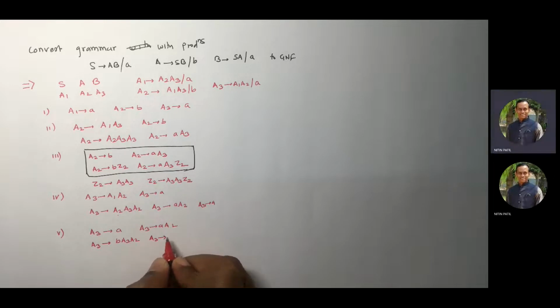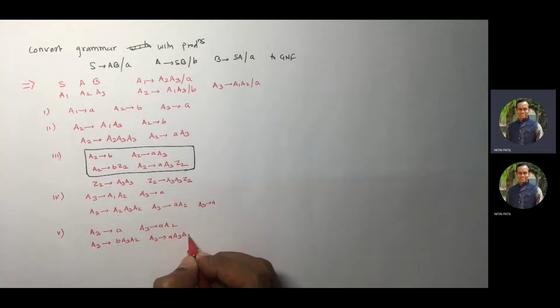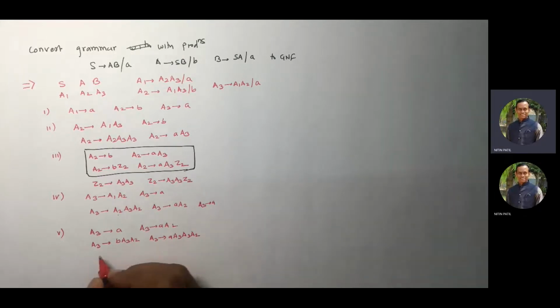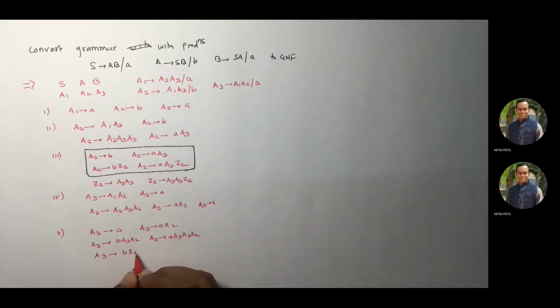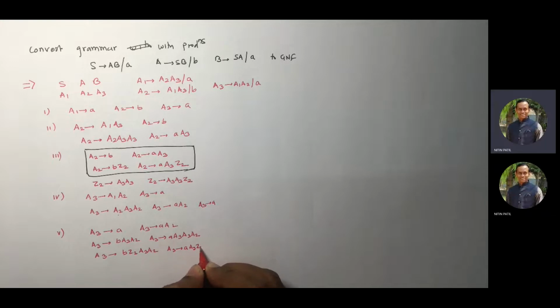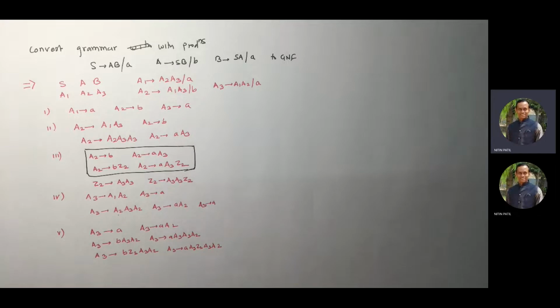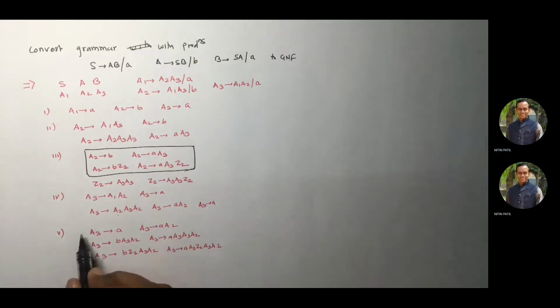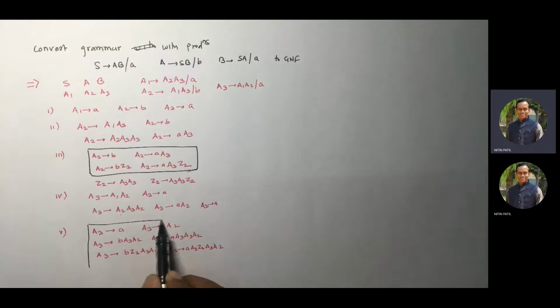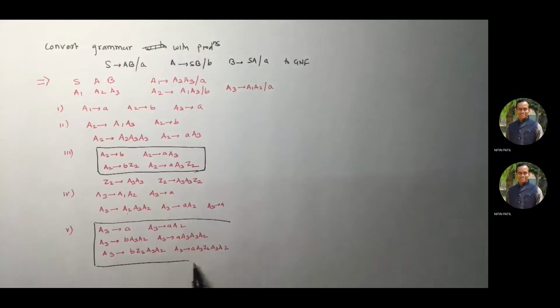A3 gives A, A3, A3, A2. A3 gives B, Z2, A3, A2. A3 gives A, A3, Z2, A3, A2. Correct? So this would be your A3 production, which is now in GNF.